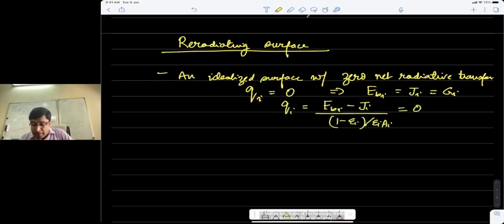So it means that for a re-radiating surface, its radiative properties do not depend upon its emissivity. The temperature of this surface will be independent of its emissivity, and when we do these calculations, the re-radiating surface emissivity will not come into play.